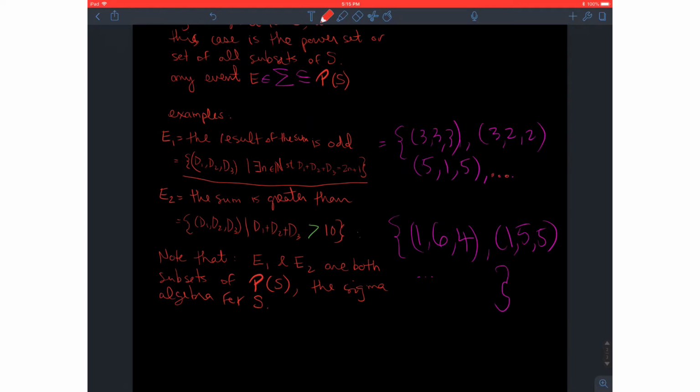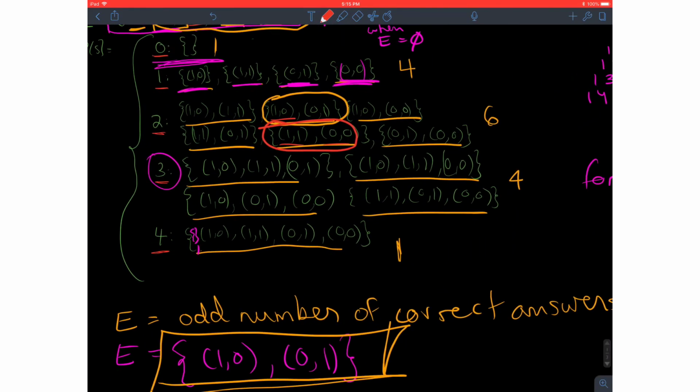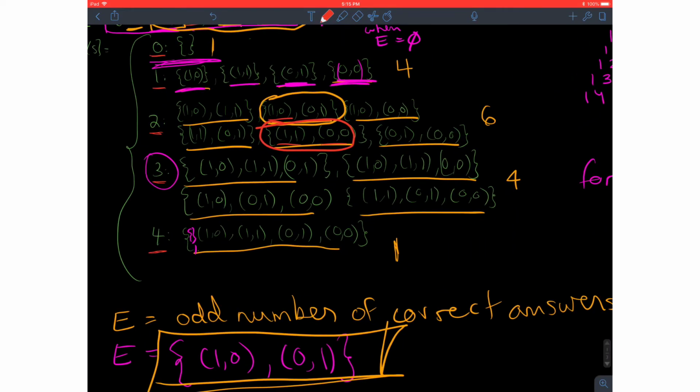because there's a lot of ways of getting odd numbers. If you have one odd number and two evens, the result will be odd. If you have three odd numbers, the result will be odd. So all of those would be inside of this big set. And by definition, this thing will be contained within the power set, which in our case is the sigma algebra. So essentially the event, the result of the sum is odd, is already enumerated somehow in this sigma algebra.